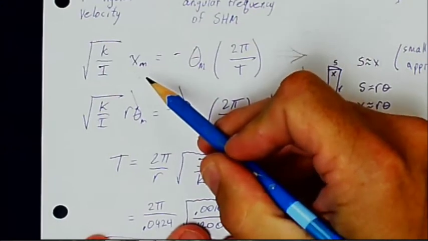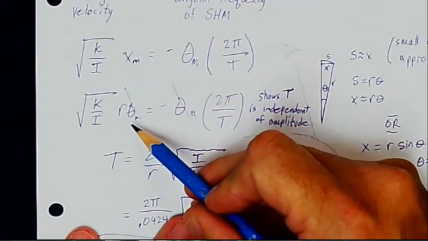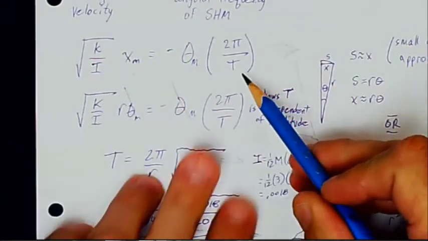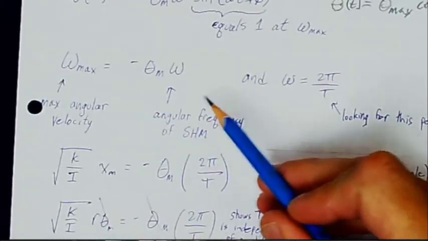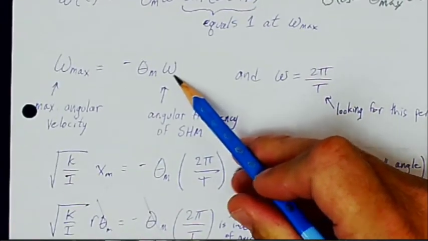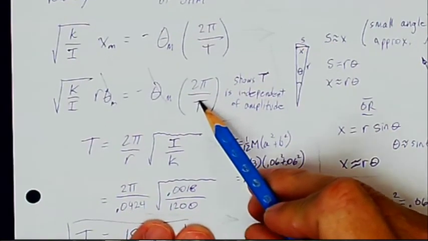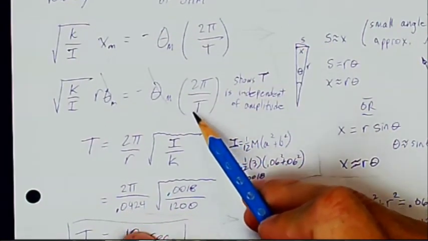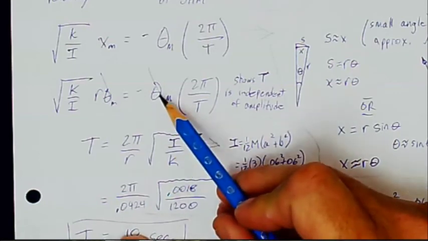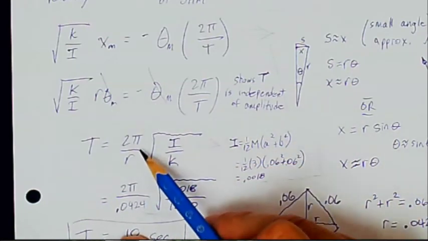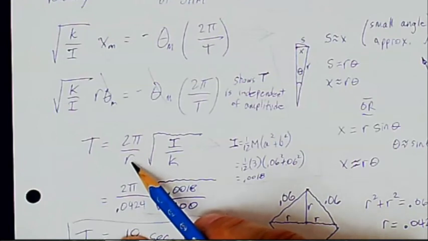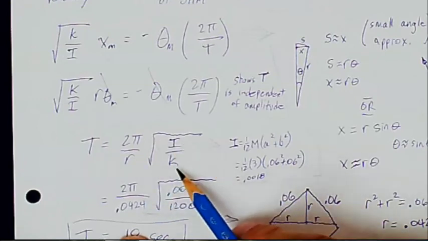So I've replaced x with r theta, and then I replaced this omega with this expression here. There it is. And now I can solve this equation for the period. The theta maxes cancel out, and I get 2 pi over r times the square root of I over k.